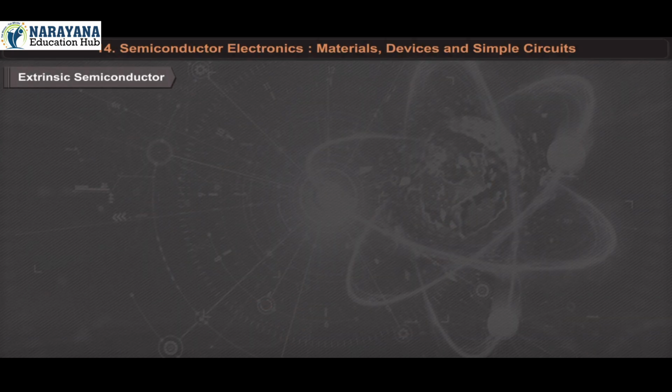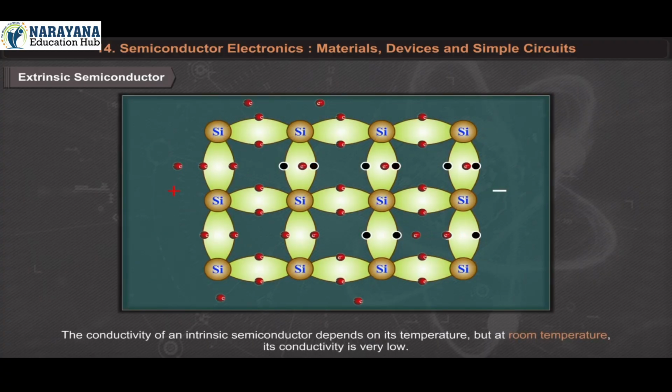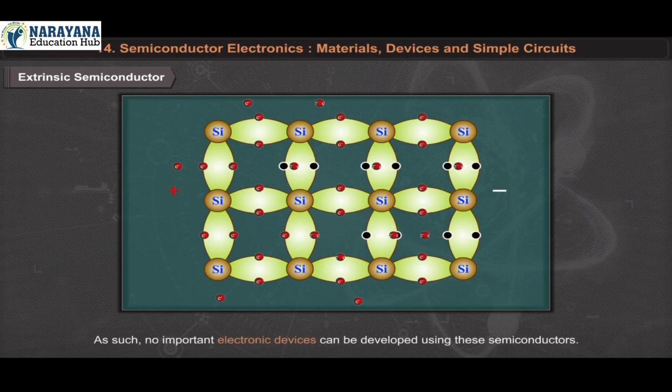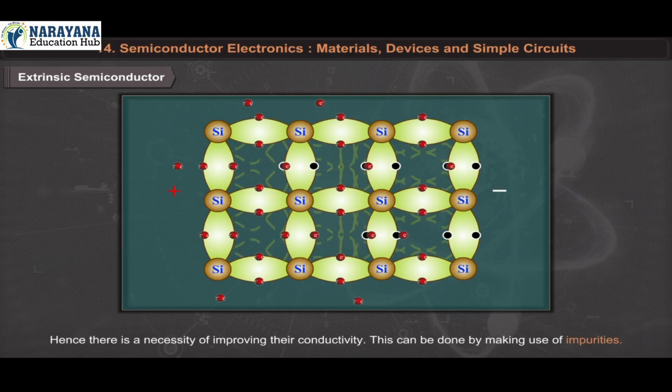Extrinsic semiconductor. The conductivity of an intrinsic semiconductor depends on its temperature, but at room temperature, its conductivity is very low. As such, no important electronic devices can be developed using these semiconductors. Hence, there is a necessity of improving their conductivity.